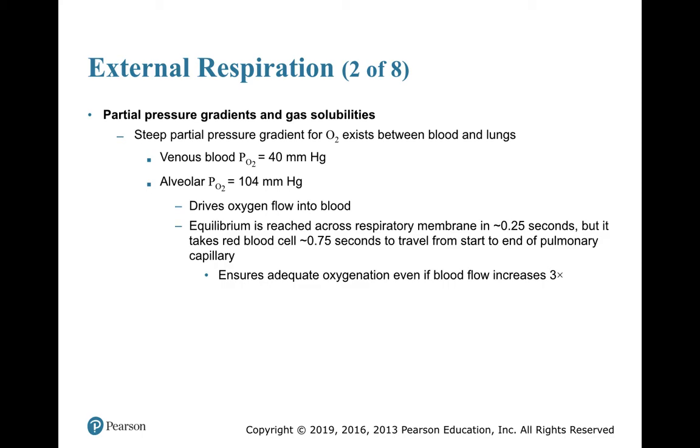So that's going to drive oxygen into the blood. Equilibrium is going to be reached across that membrane in about 1/4 of a second, but it takes red blood cells about 3/4 of a second to travel from the start to the end of a pulmonary capillary, and that gives time for the oxygen to be picked up by the red blood cells.